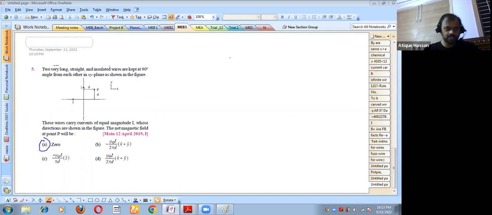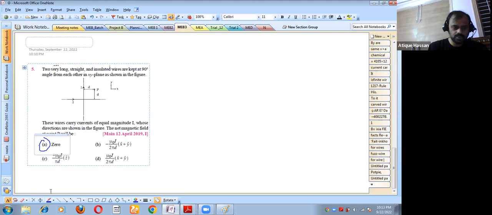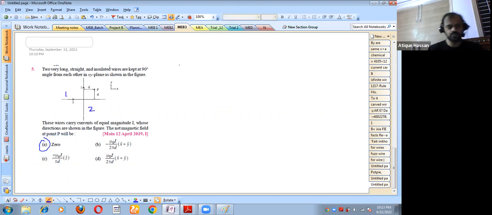So let us say this wire is 1, this wire is 2. So for wire 1, what will be the magnetic field at point P?